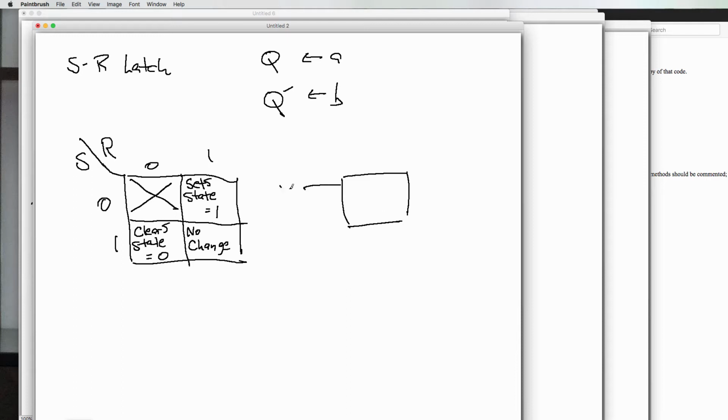There'll be S and R, and then there's an output Q and an output Q prime. These guys are always inverses of each other. Q represents the state of the latch.